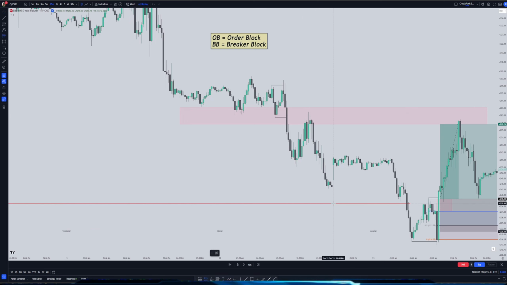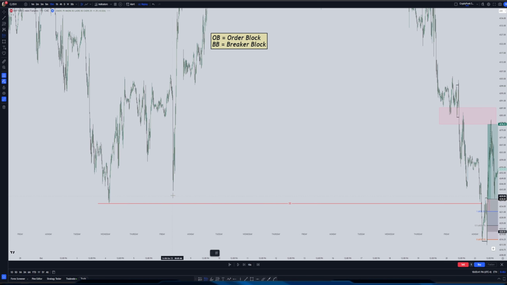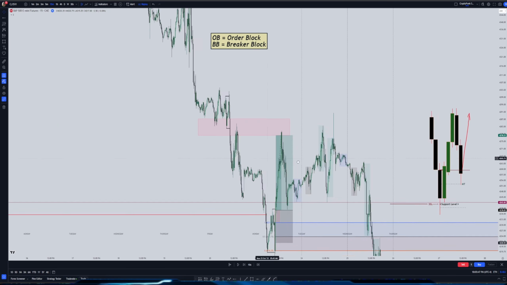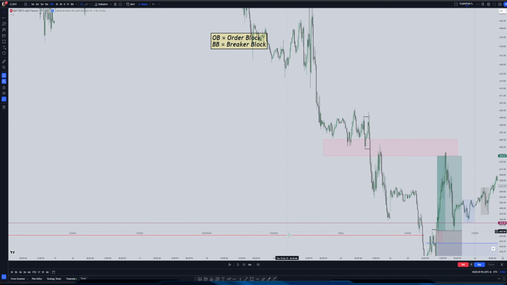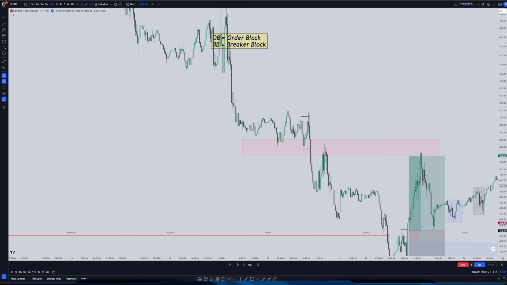Now should I go for this one, or should I go for this one? Let me put another mark here. Should I go for that or this? Why I'm saying this is because I will explain the buy entry here as well right now. So fair value gap, that's the candle where I want to put my stop loss, but since it doesn't cover the order block, I would go for this level.